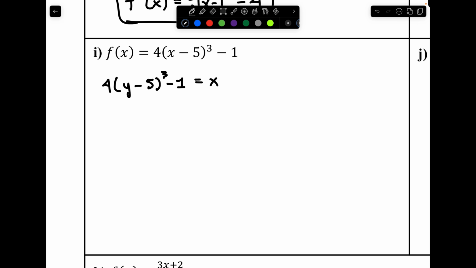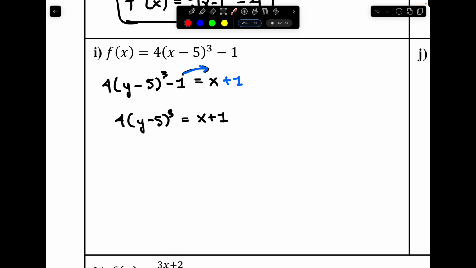Very similar to the last one, we have a power of 3, but we have this additional number right there. We start the same way as before by getting rid of this constant on the outside of the parentheses. We move it to this side, changing it from a -1 to a +1. So we have 4 times y minus 5 to the third power equals x plus 1.